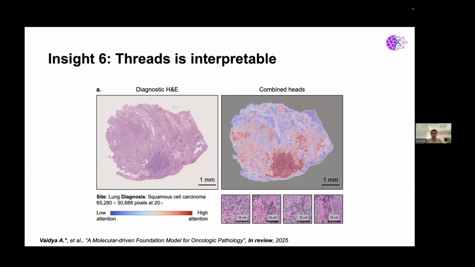For example, instead of using patches as your input, you can use prototypes, which are just morphological patterns present in the slide. Instead of using individual genes, why can you not use biological pathways as your tokenization, which have very clear functional importance and relevance? So I think inherently interpretable models, which have tokenization that makes sense to domain experts, is one way of making your models more interpretable.